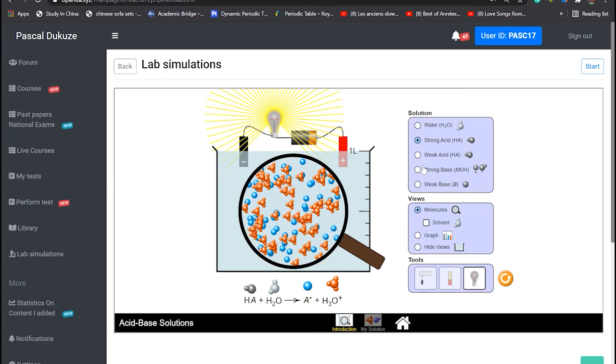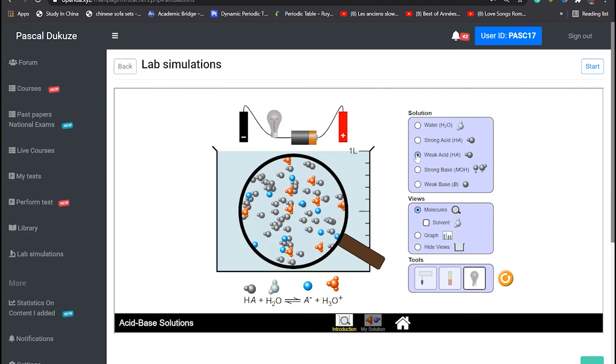Now, let's go to a weak acid and see what is the difference. When we use a weak acid, remember, this represents the acid molecules, and here we have water molecules as the solvent. What do we have? You can see these molecules of the acid, a very big number is still there in the solution, undissociated, representing the partial dissociation we have said.